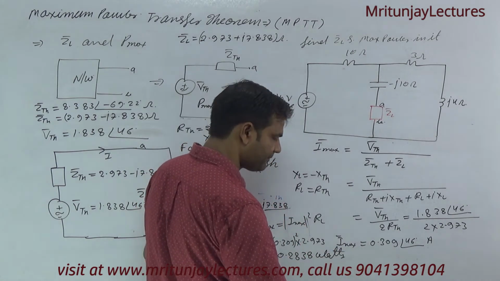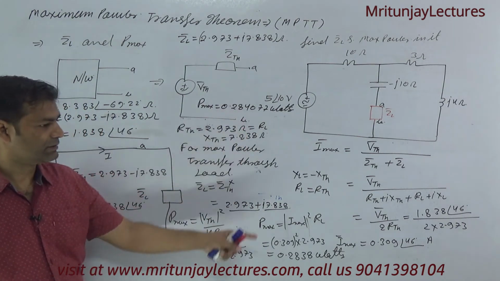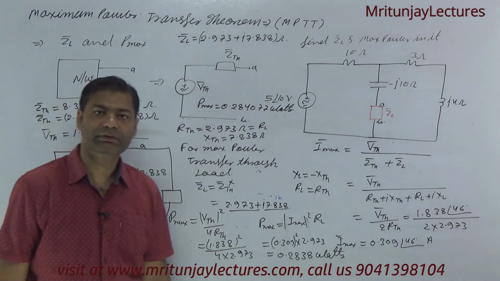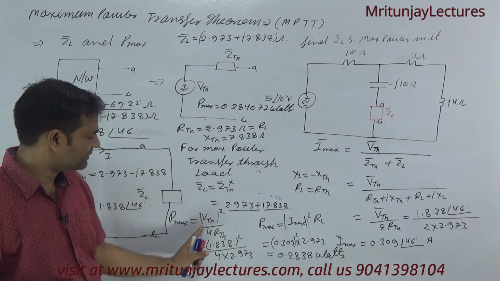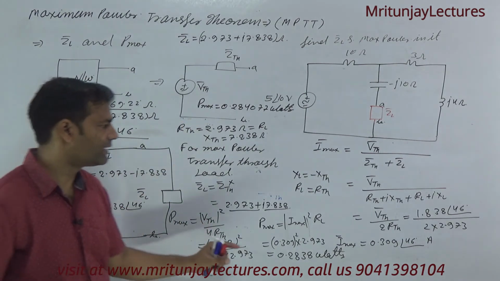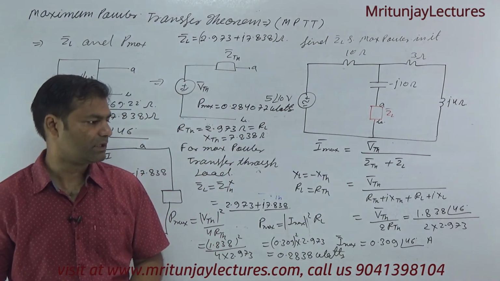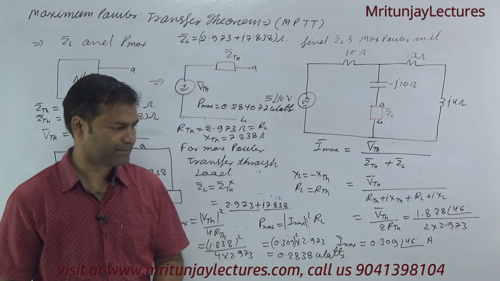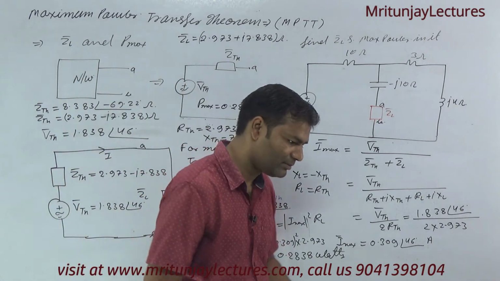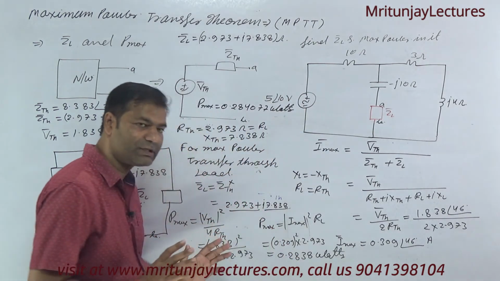Okay, like this one. So finally, in both cases, the answer is the same. In both cases, follow this method: VTH square divided by 4 RTH, or I max square into RTH or RL. With the help of both methods, you can find both answers are correct.